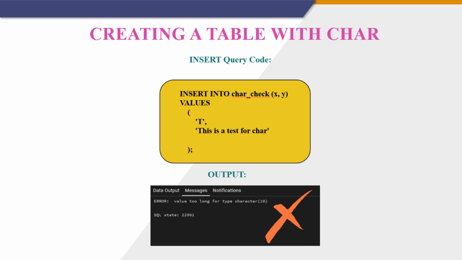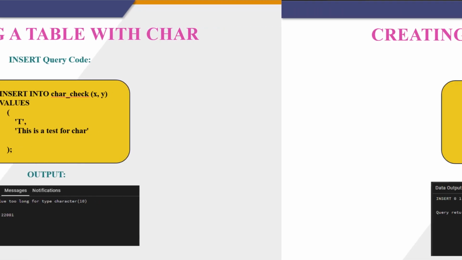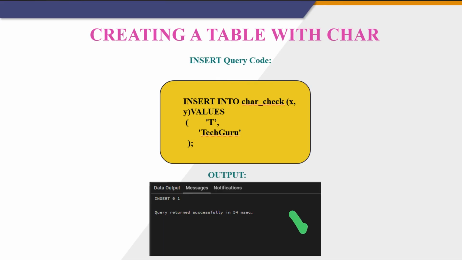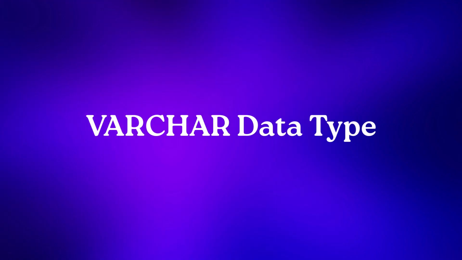Here, we have inserted a string of exactly 10 characters into the Y column, including trailing spaces to meet the char 10 requirement. So if we write this insert query, now that we have managed to successfully assign the values to the character data type, check it by running the below command. Select * from char check. So I think you can understand the use of the char data type now.